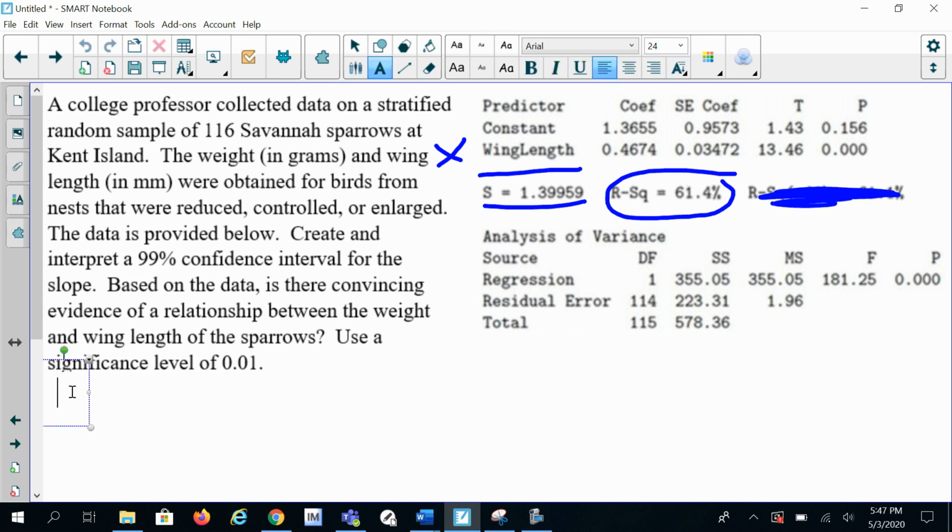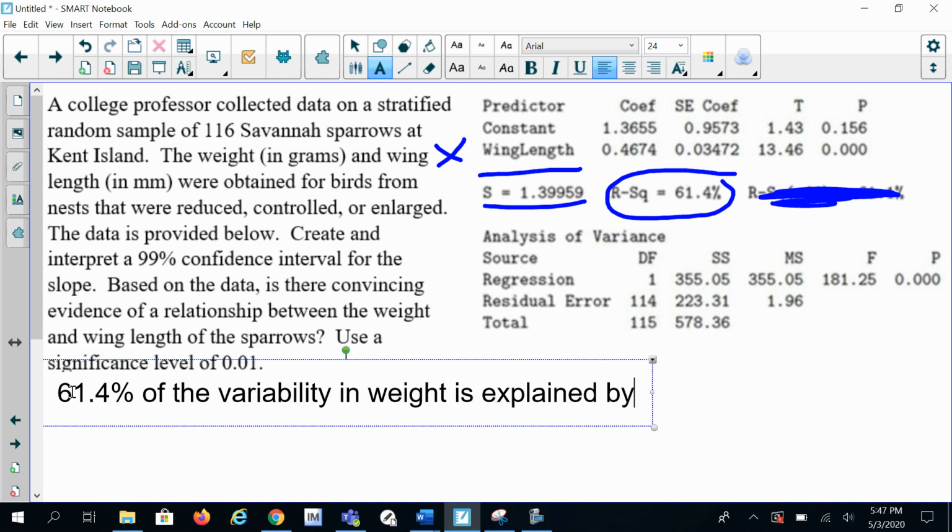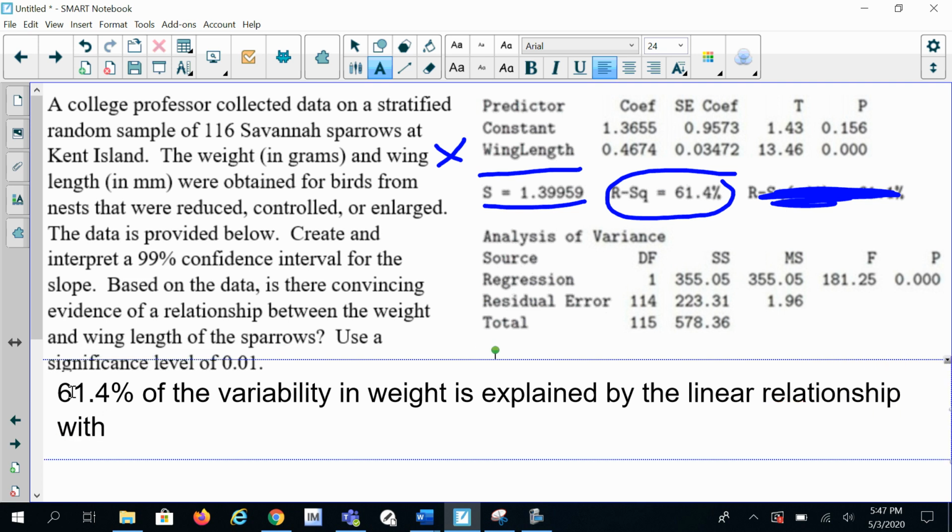So for the coefficient of determination, we would say 61.4% of the variability in Y, which we said is weight, is explained by the linear relationship with wing length. So perhaps we should say it's about birds, but that's good enough.